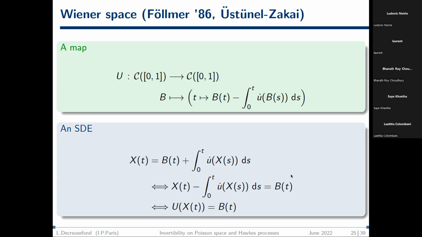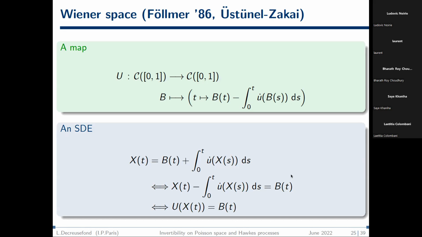If you look at this identity and this identity, that means that x of t is the solution of the equation u of x of t equal b. That means if you look at x not as a process, but as a map which to b associates the solution of this equation, you have two maps which are inverse of each other. That means that solving an SDE is inverting a map.